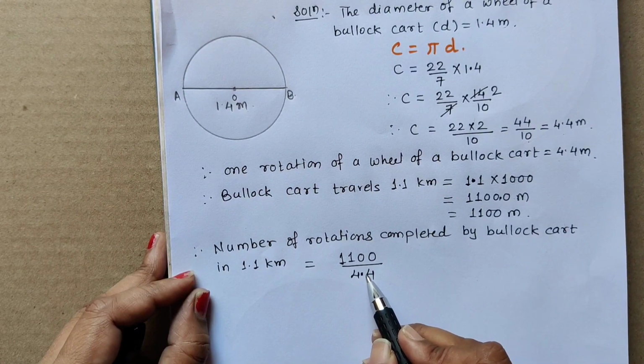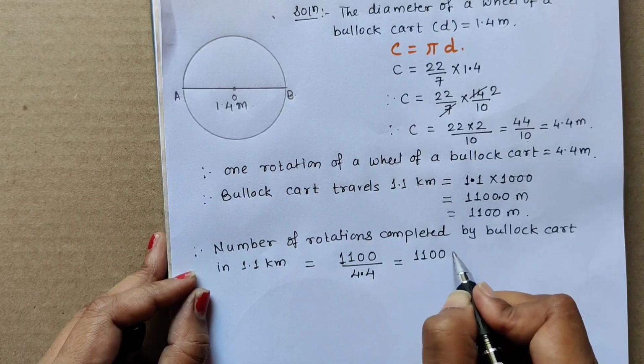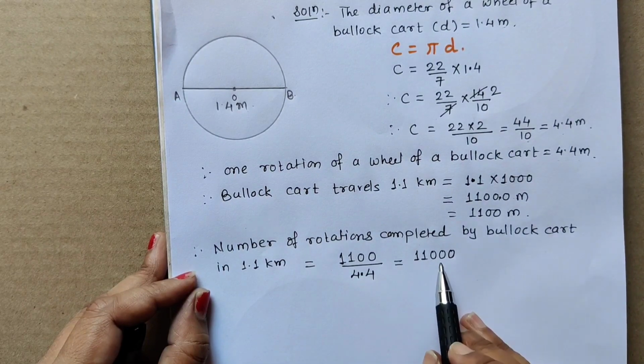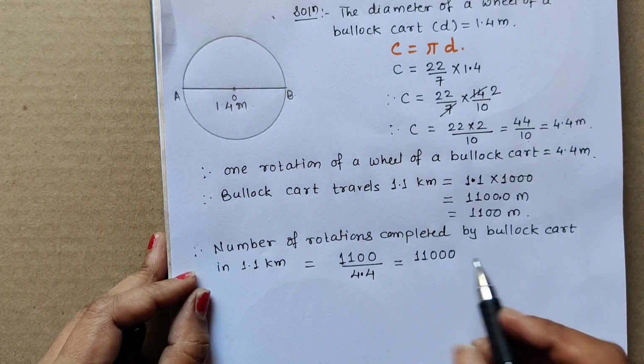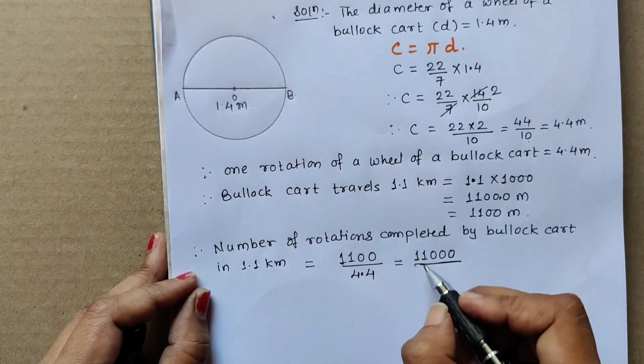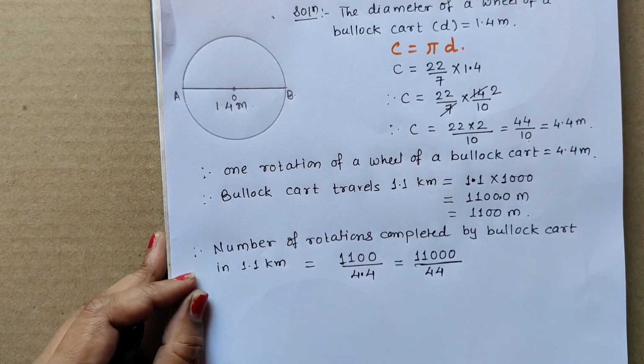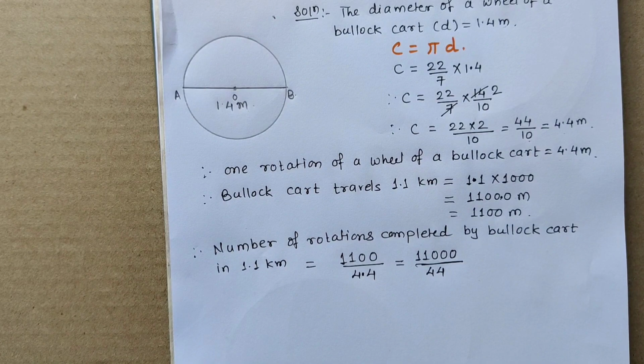Now see children, the decimal point is there in the denominator. So what we are going to do? We will put 10 in the numerator, and we will be removing the decimal point from the denominator.